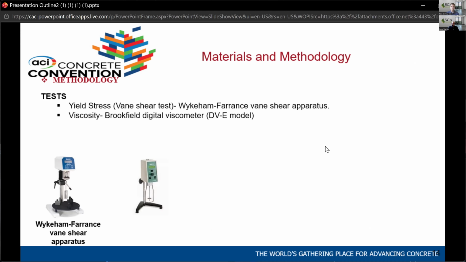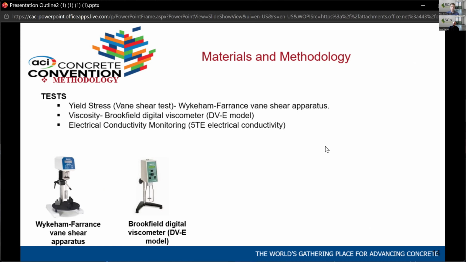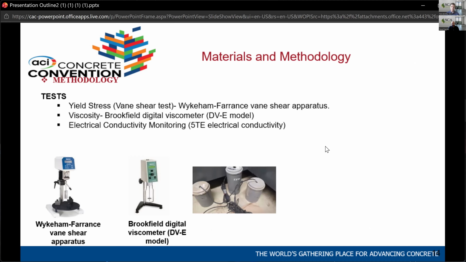And then for viscosity, this is the machine I used, a Brookfield digital viscometer. And then I use electrical conductivity monitoring. This is how it looks when I was conducting the test.